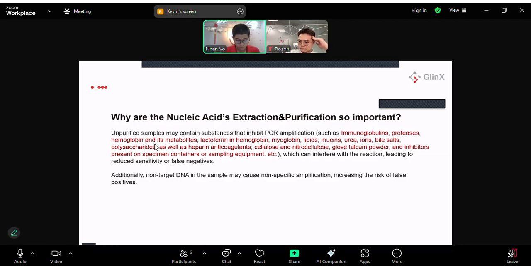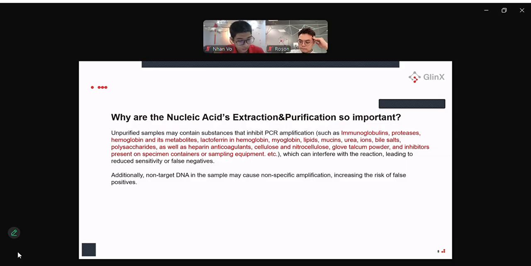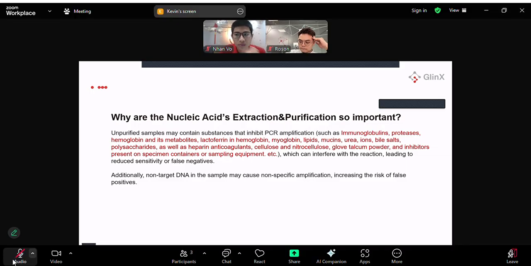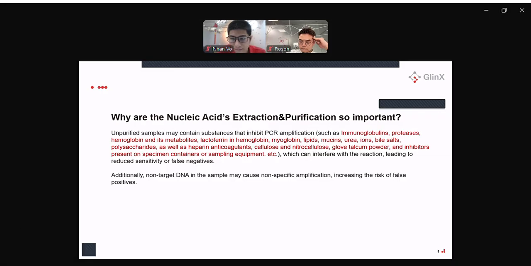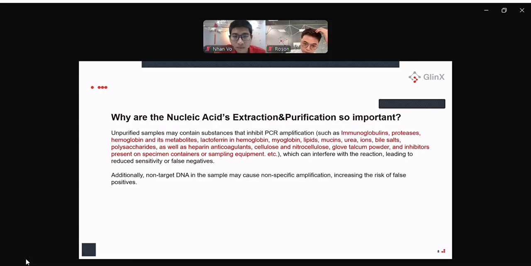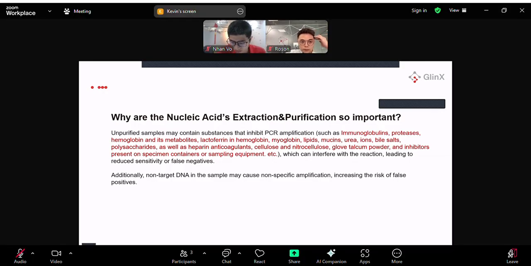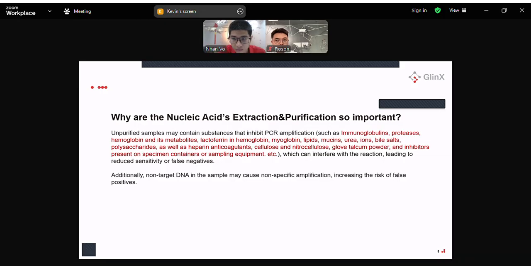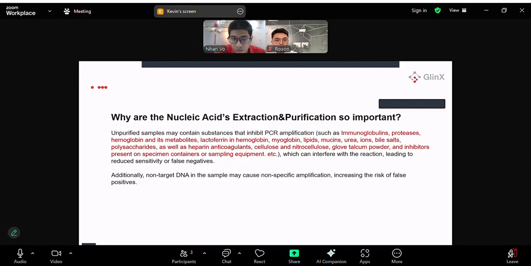And these pathogens' genetic materials will be amplified together with the target gene, especially when the primer or probe doesn't have strong specificity to detect the target gene. It will also detect the mycoplasma or other pathogen genes that contaminate the machine.